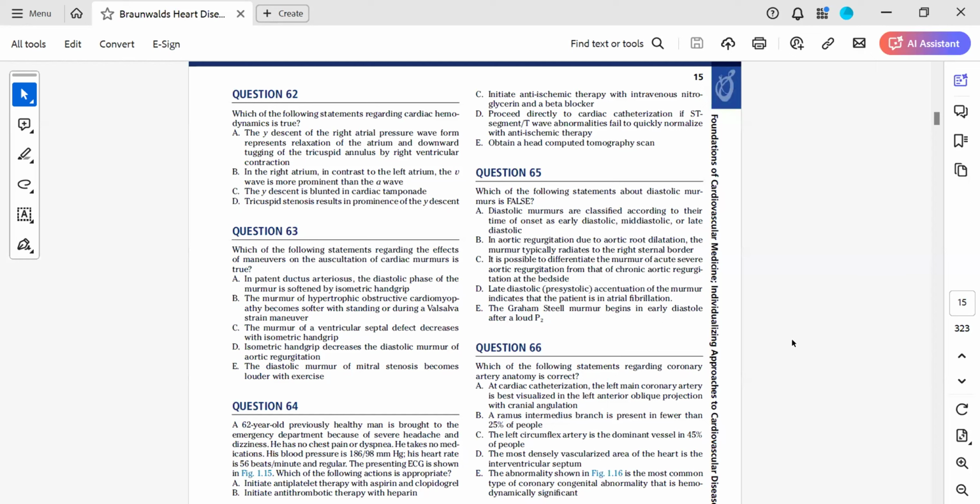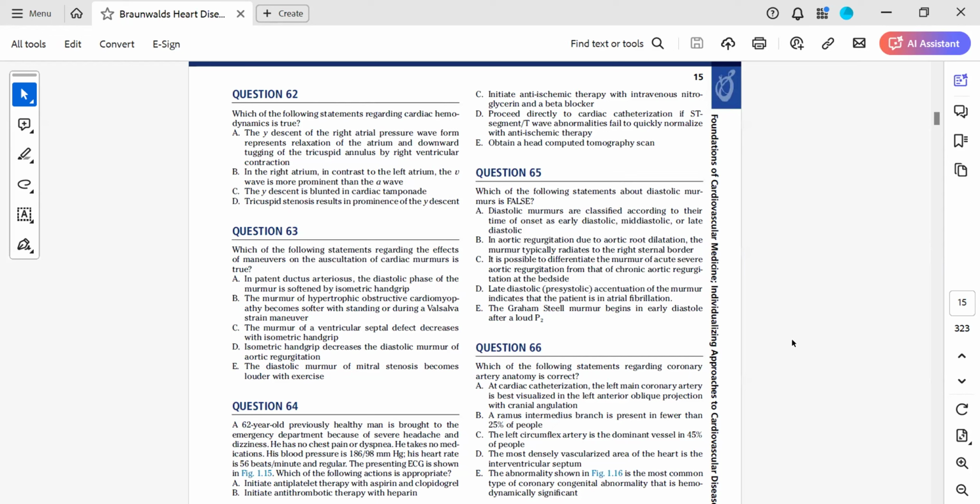B says in the right atrium, in contrast to the left atrium, the V wave is more prominent than the A wave. I don't think I've seen anything like a disparity between the right and the left. Then the Y descent is blunted in cardiac tamponade.